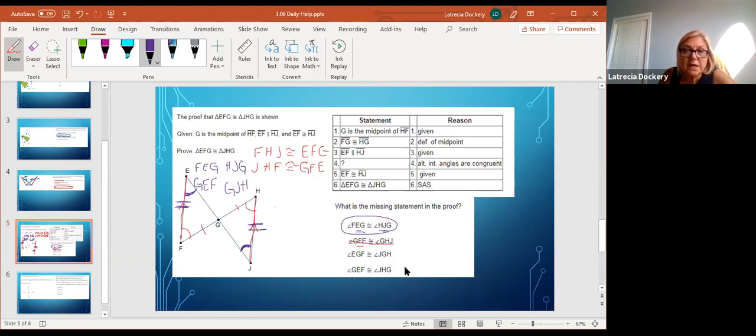Let's look at SAS. All right, here's a side and a side. Here's an angle and our angle, and then the last side and side. So there's where we get our side, angle, side. Don't give up, guys. We had 4 different ways to look at these alternate interior angles.